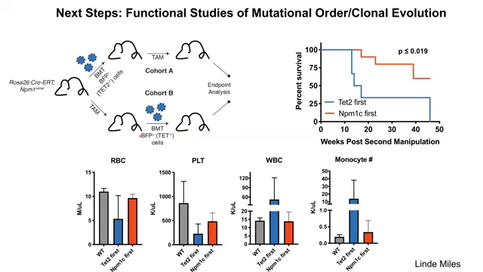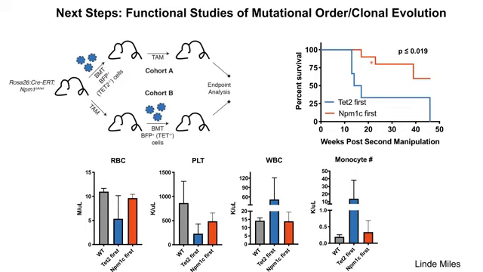And so she developed the first generation mouse model where she inactivated TET2 with CRISPR and then activated NPM1 using a Cre-lox allele, together with the FLT3 allele from Jen Trowbridge. And what we're able to show is that if you do the order the way it occurs in patients, you actually get a fully penetrant leukemia, whereas if you do the wrong order, you get a much more inefficient leukemia. This gives early data to suggest that order does matter.